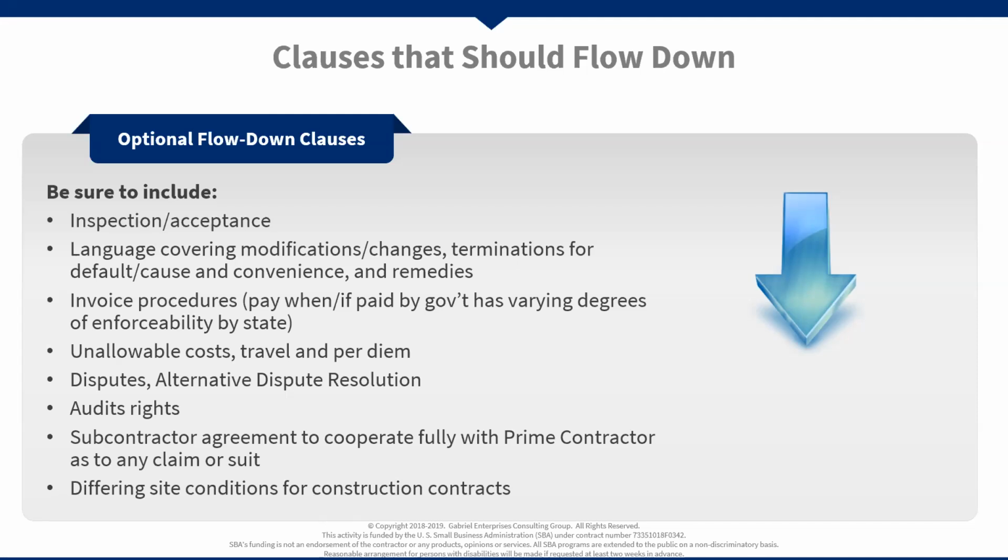But these are various clauses you're going to want to have in your subcontract. They may include things from the prime contract, or they may be varied if the parties agree to something slightly different, but you never want to be in a situation where your subcontractor is not doing something that the government requires. So the prime contract is the floor for subcontractor performance and requirements.